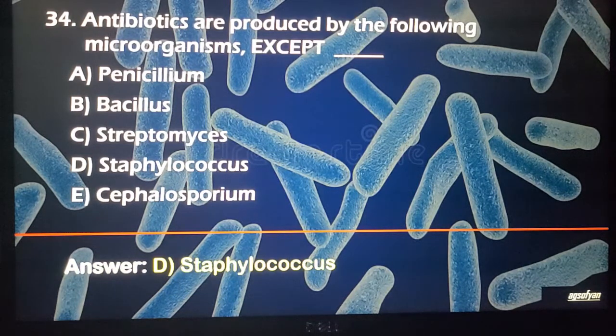Staphylococcus is pathogenic bacteria that do not produce antibiotics. Penicillium is fungi that produce penicillin. Okay. Bacillus, this is bacteria that produce bacitracin, which is antibiotics. Streptomyces produce streptomycin. Cephalosporium, this is another fungi, they produce cephalosporin. Okay, so only Staphylococcus over here that do not produce antibiotics.